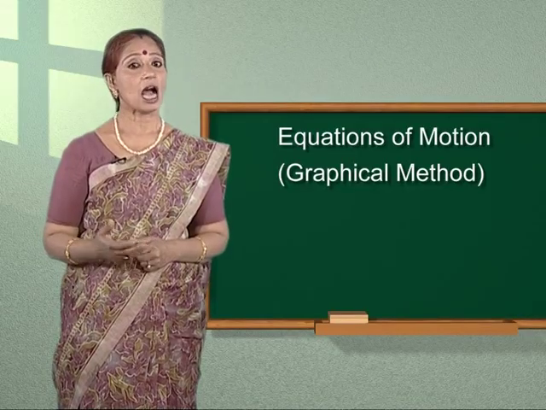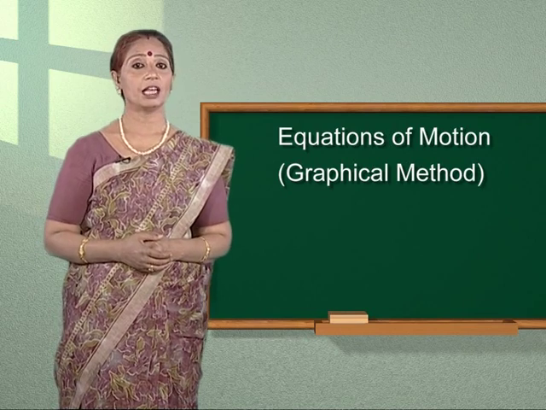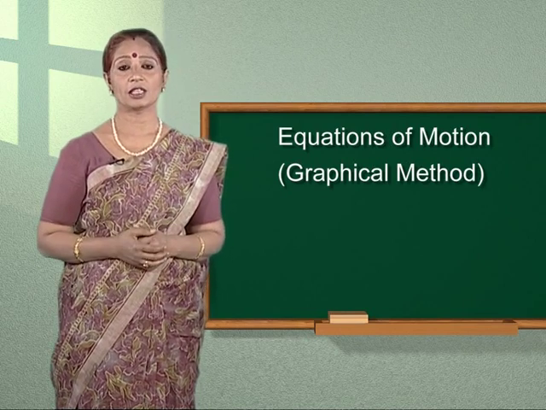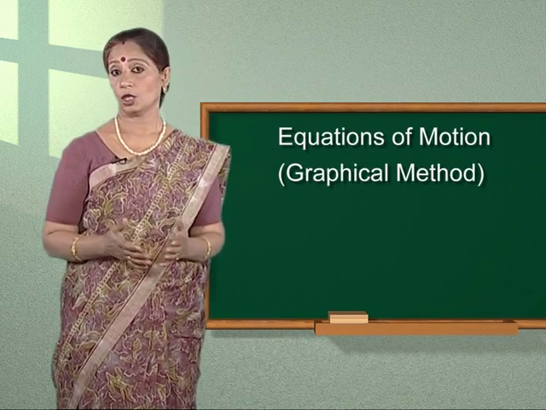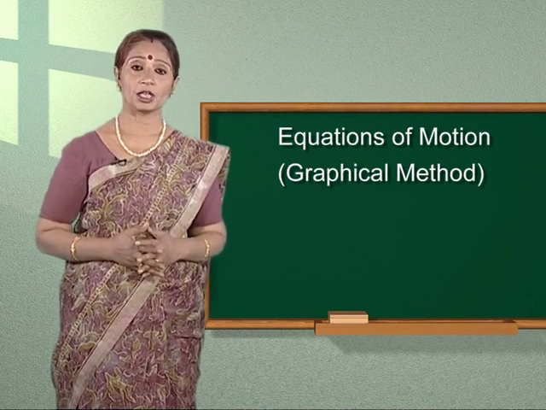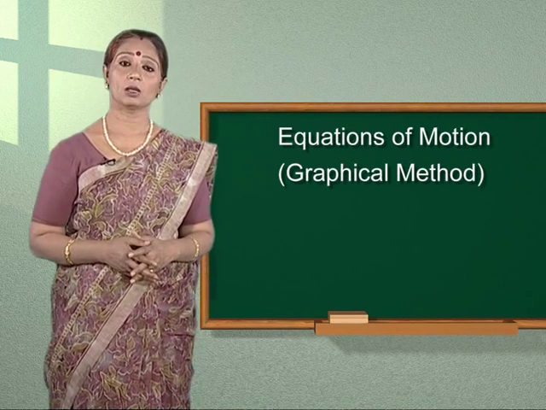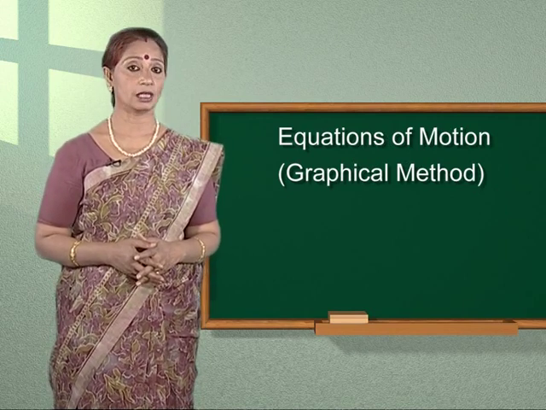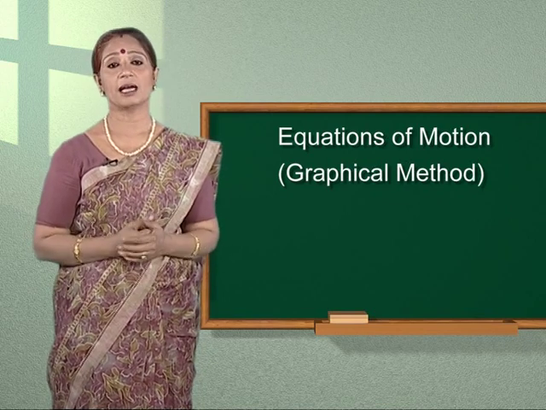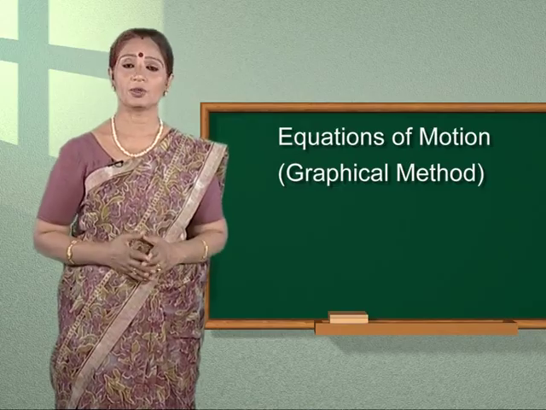Next is how far the particle moves in a given time if its acceleration is uniform. To describe this, we have to use another property of the velocity-time graph, that is, the area enclosed by the velocity-time curve and the time axis gives us the distance travelled by the object.